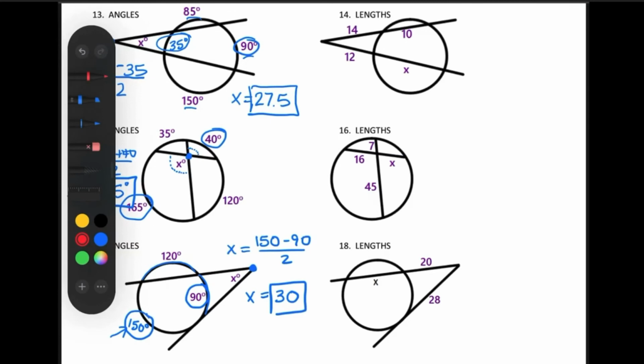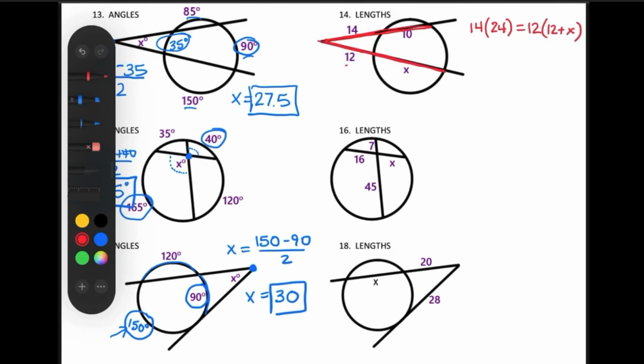Now switching over to these length ideas, this is the type where we do outside times whole equals outside times whole. So this one would be set up as the 14 from the outside. This whole thing would be 14 plus 10. And the other one is outside, and the whole thing is 12 plus x.